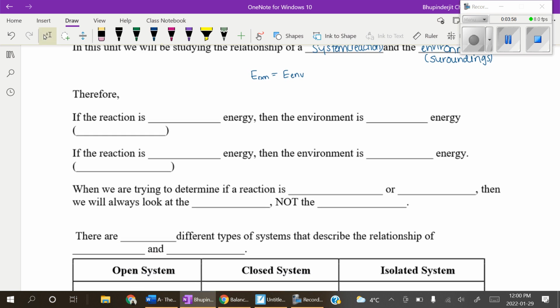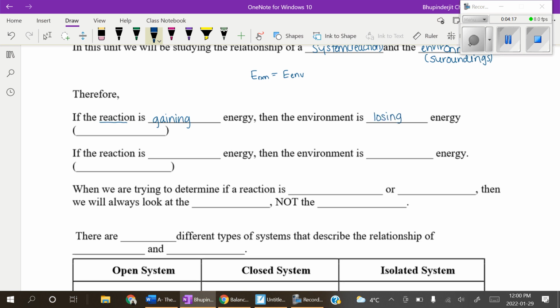So therefore, if the reaction is gaining energy, that means the environment is losing energy.